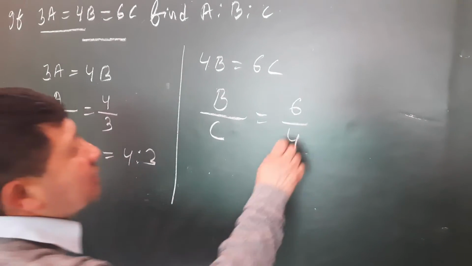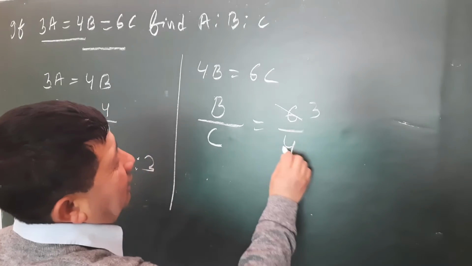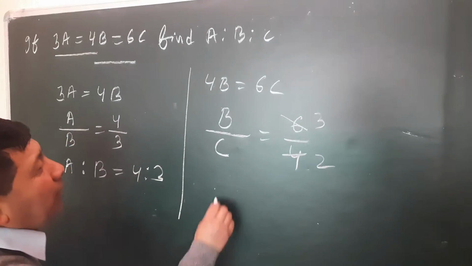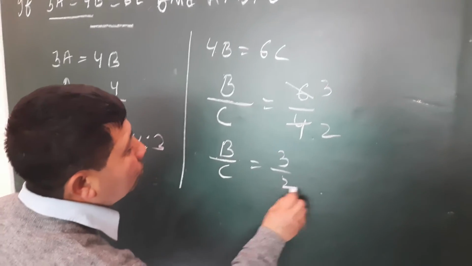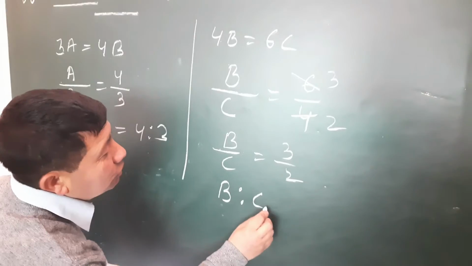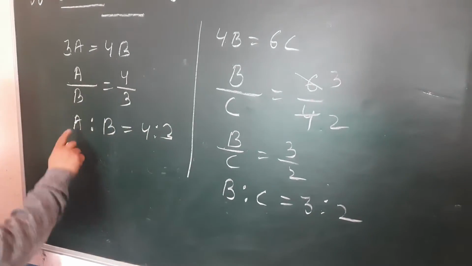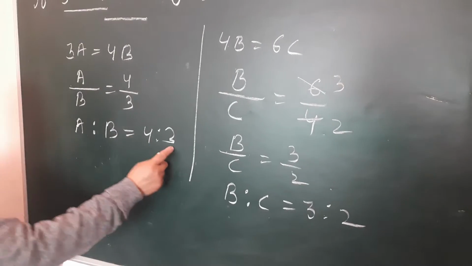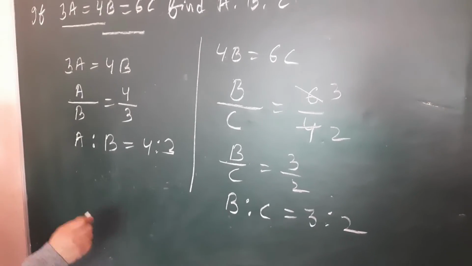If it is cancelable, you can cancel. So 2 3s are 6, 2 2s are 4. Now B upon C becomes 3 upon 2, and convert into ratio, B is to C is equal to 3 is to 2.